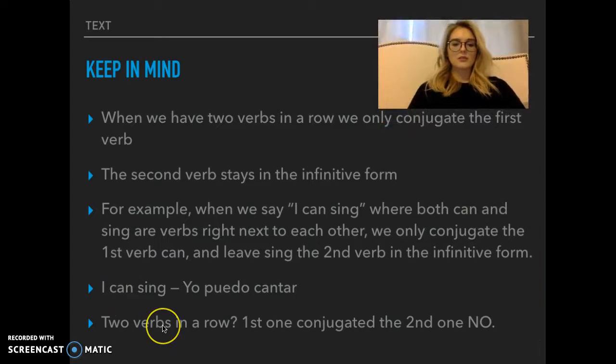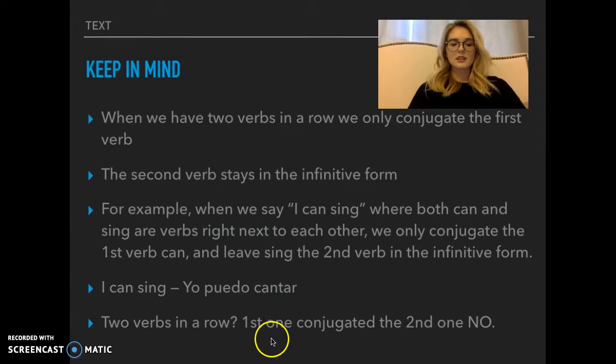In Spanish, they're still both verbs, puedo and cantar, but you only conjugate the first one of two verbs in a row. Yo puedo. This one is conjugated for the yo. That means that we leave the second one, cantar, in the infinitive form or its regular base AR ending.